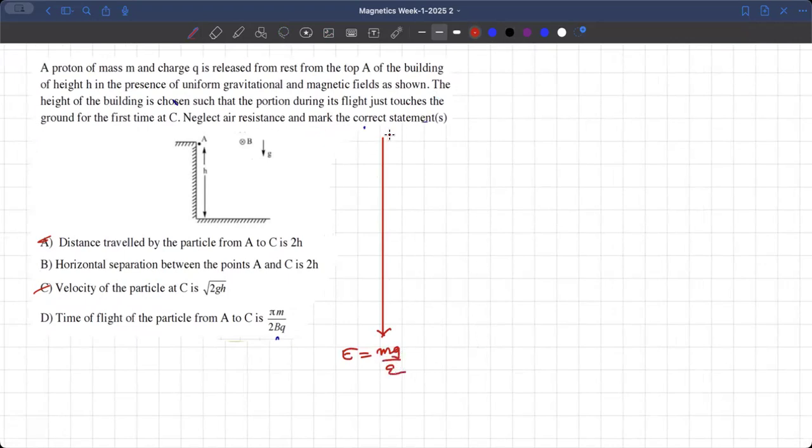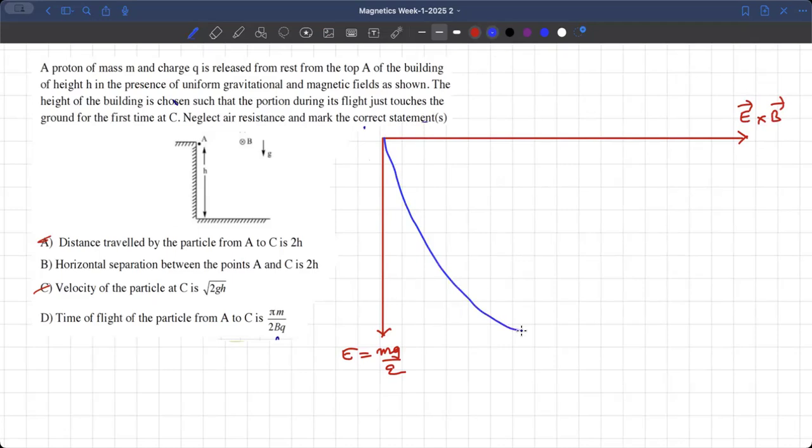And we have E bar in the downward direction and an inward magnetic field. So obviously this is going to be the direction of E bar cross B bar. Remember, once I identify this, I can conclude what the situation would be for a particle which is released.